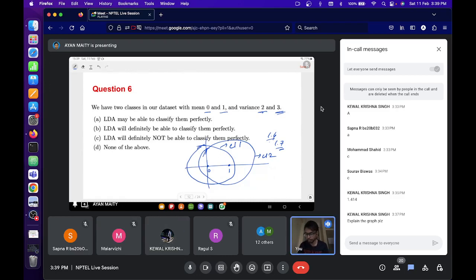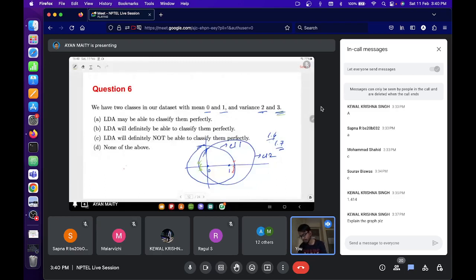So there can be some points here even for the first class, because the standard deviation itself is exceeding the mean of the second class. So there can be some points here, and similarly for the second class, there can be some points here, because the variance is 3, which is certainly not less than 1.